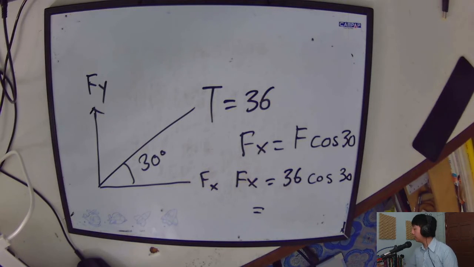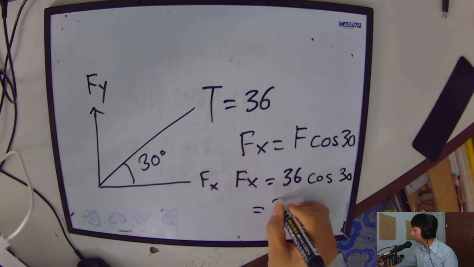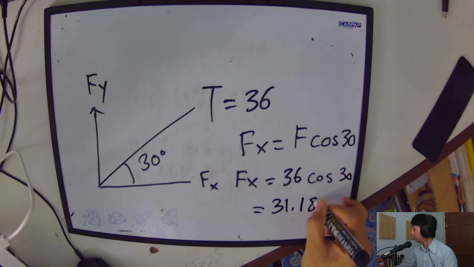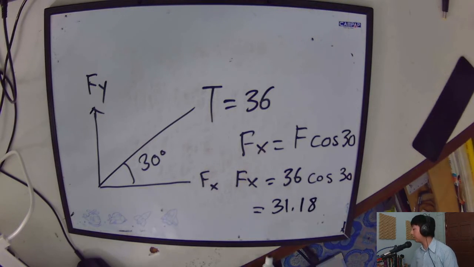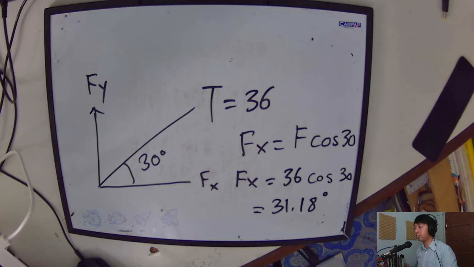My answer on my calculator says 31.18. I think the textbook also says 31.18. Can someone check my answer? Someone could check the textbook or use a calculator to check. It should be 31.18.